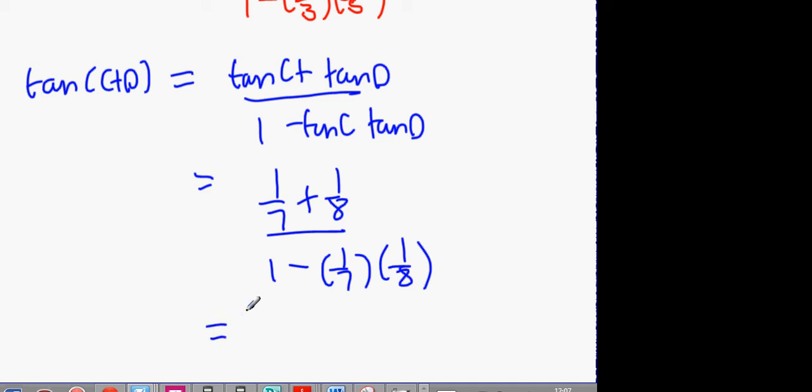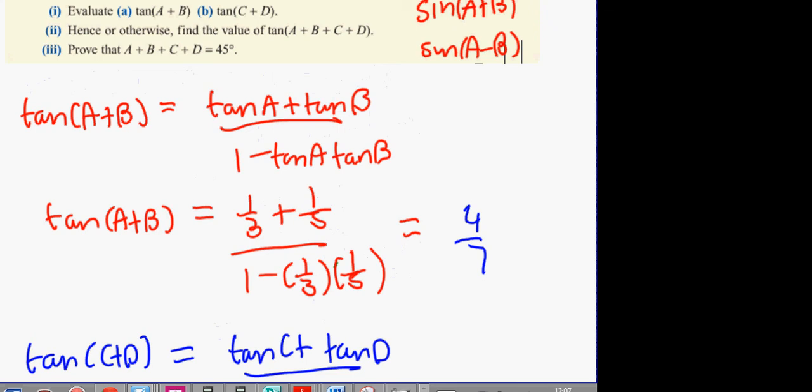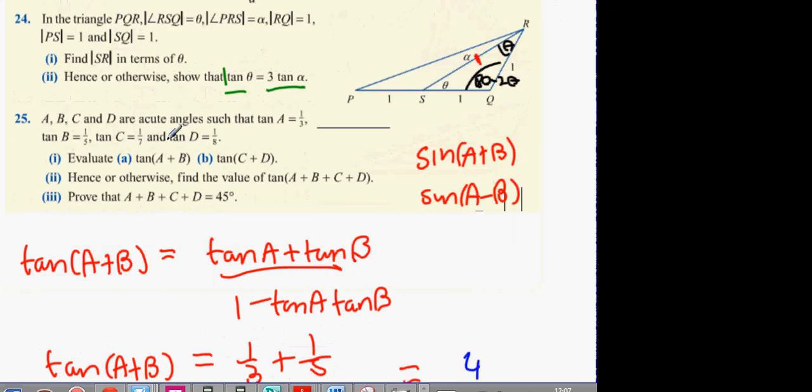What do we get? Three over 11. 3 over 11, perfect. Okay guys. Now lads, 4 over 7, 3 over 11.